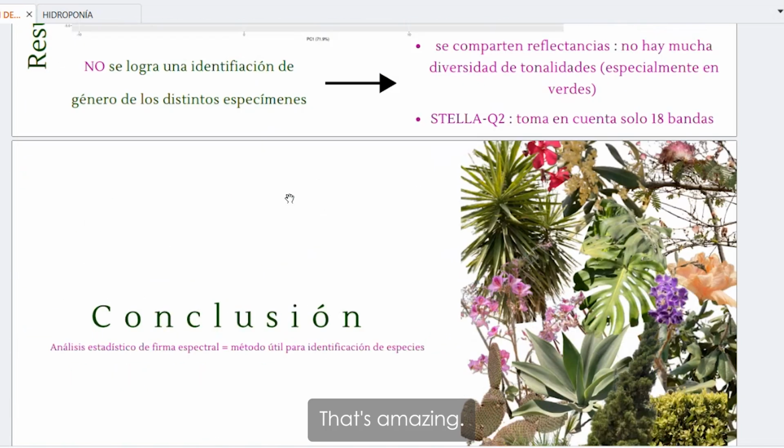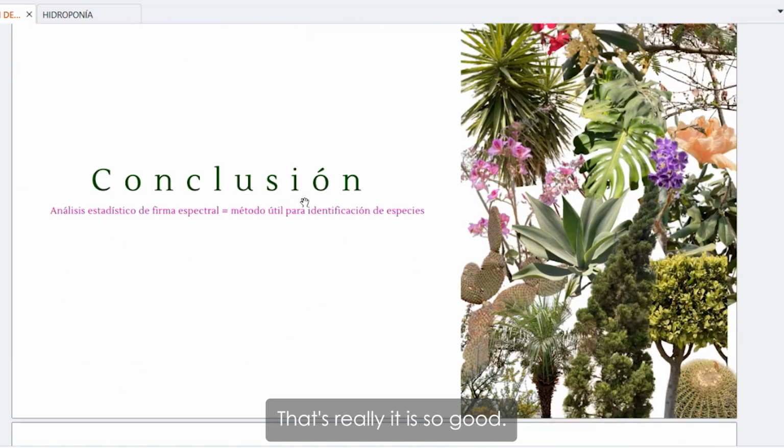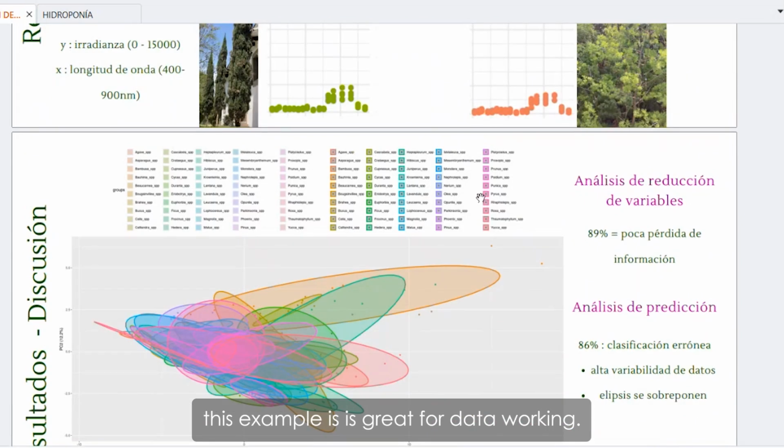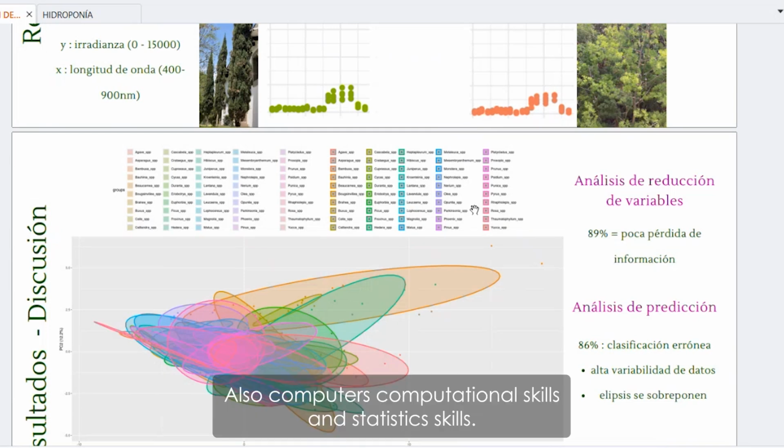That's amazing. That's really, yes. So, but I think that thinking in the work that my students did for a semester in the classroom, this example is great for them to work in their experimental skills, also computational skills and statistic skills.